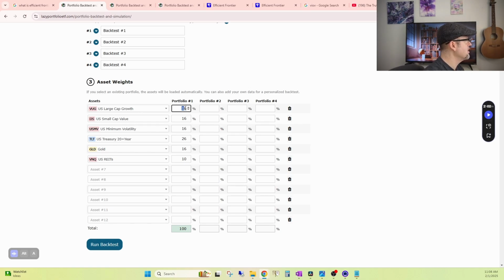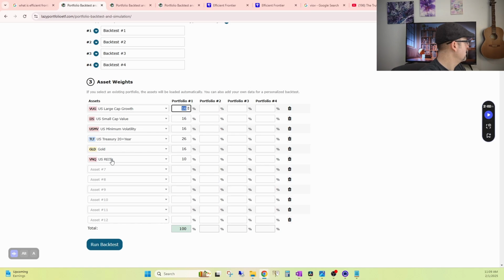Now these are slightly different because I couldn't find the exact funds that were inside of the golden ratio portfolio. So I adjusted some values here because some of the funds were not available. So we put in large cap growth, small cap, U.S. minimal volatility, U.S. Treasury 26%, gold, and REITs.